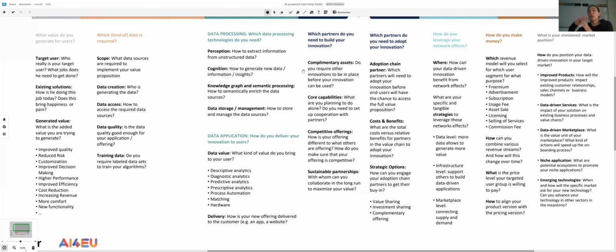So maybe I just shortly interrupt. The guiding questions we have here are in 2 dimensions. On the one side, we talk about data processing technologies. We distinguish perception, cognition, the knowledge graph, and data storage technology. So we try to identify in which areas technologies are needed.